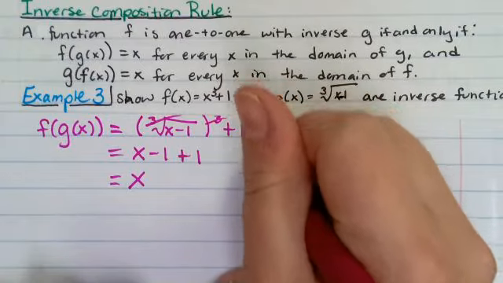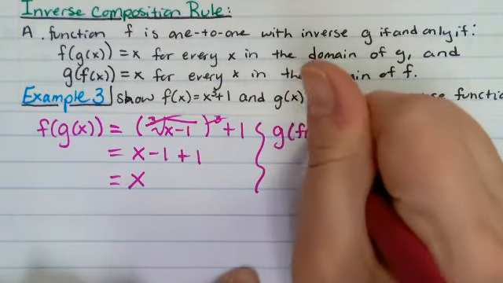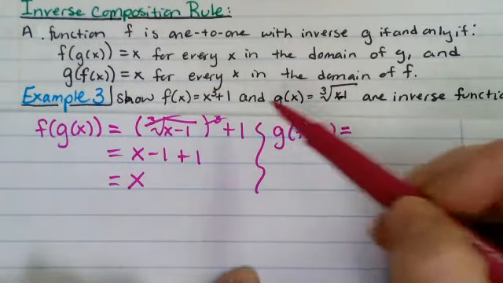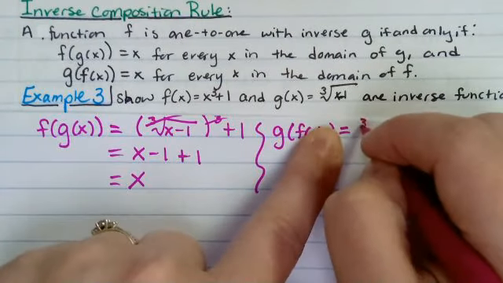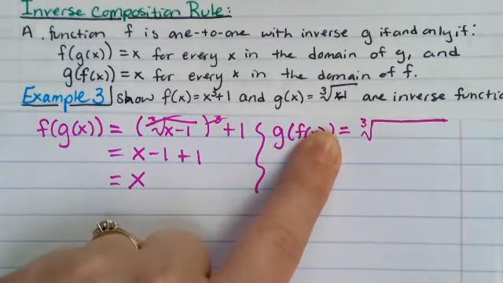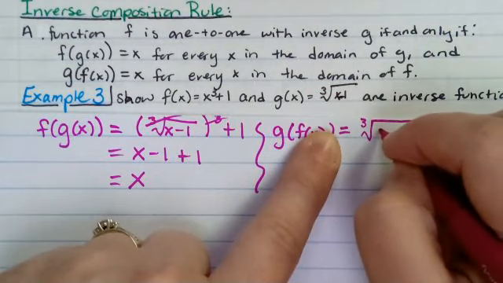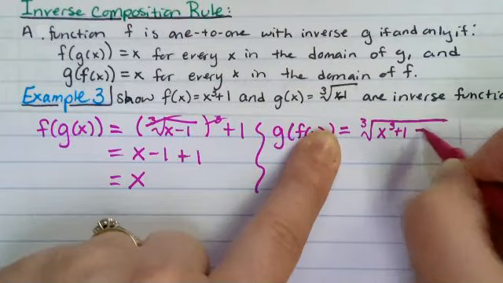Now let's look at the other one. What about g of f of x? Plug f into g. We're starting out with the g function, which was a cube root. Everywhere you see an x, put f of x instead. So everywhere I see x, I'm going to put x cubed plus 1. Then I have the minus 1 at the end.